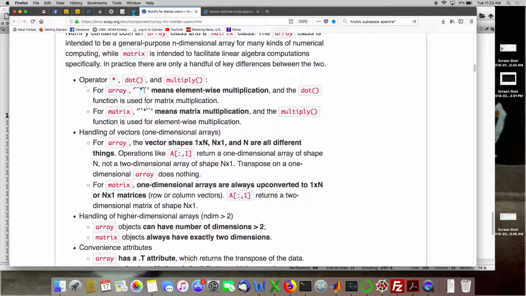Right. You know what? I had taken advantage of this for vectors or one-dimensional arrays. In MATLAB, if you want to multiply vectors component-wise, you have to use dot star. If you just use ordinary star, it's an error. In Python, it does element-wise multiplication.